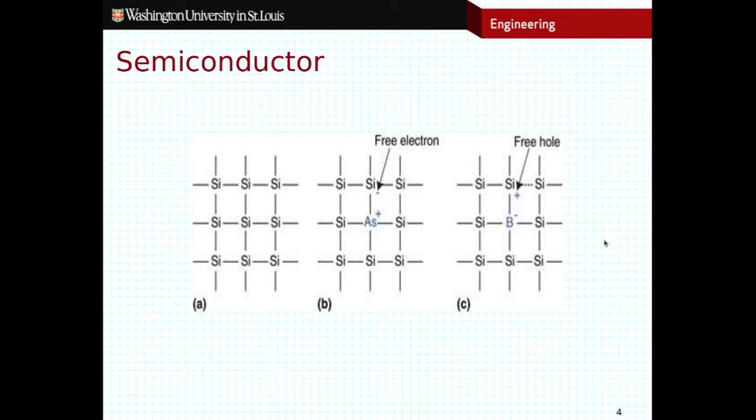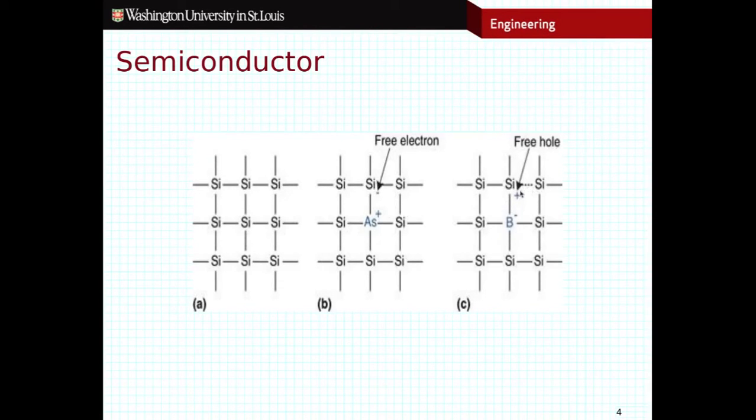And then on the far right, you see we've got boron here in the middle, which is kind of the opposite, right? Boron is going to attract an additional electron, which means that the silicon will be missing an electron, right? So it wants an electron to be here, but there isn't one left because the boron has taken it. And so this is what's called a hole.